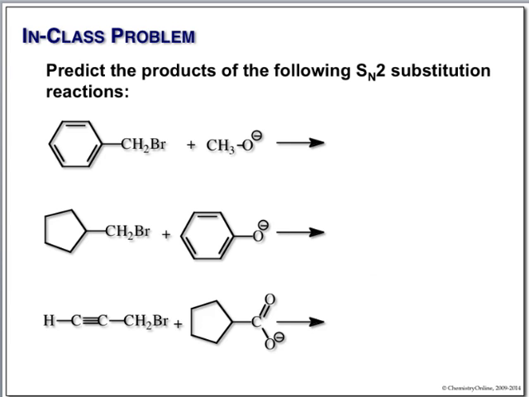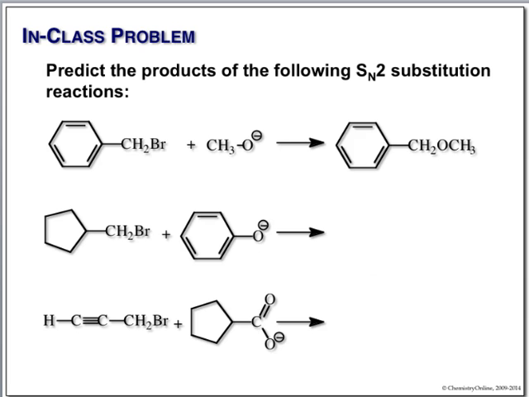Our first one here, our nucleophile is simply methoxide. Our leaving group is going to be bromide. This is going to attack there, and we simply make the ether. This is phenoxide, benzene ring with an O- attached. This behaves just like any other alkoxide.